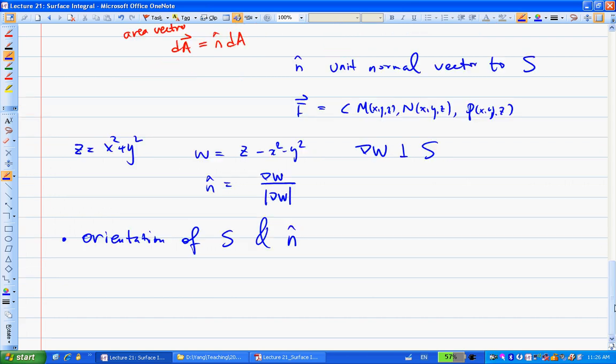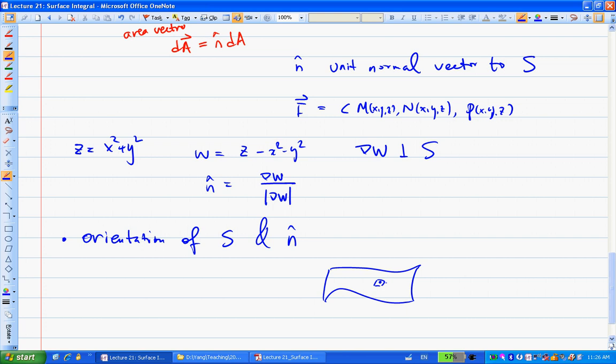This is a concept we're also going to use in the next lecture. First of all, let's think of a simple case. If I have a surface, and you look at one location here.